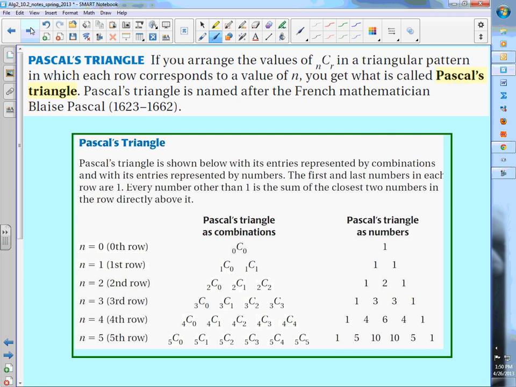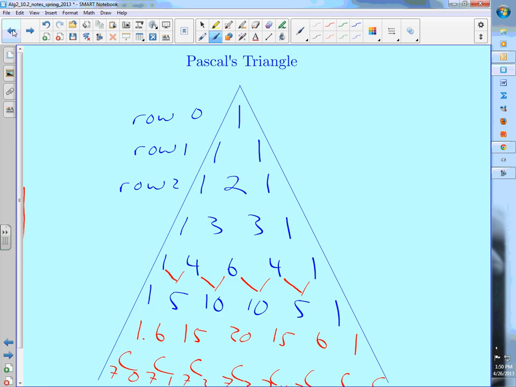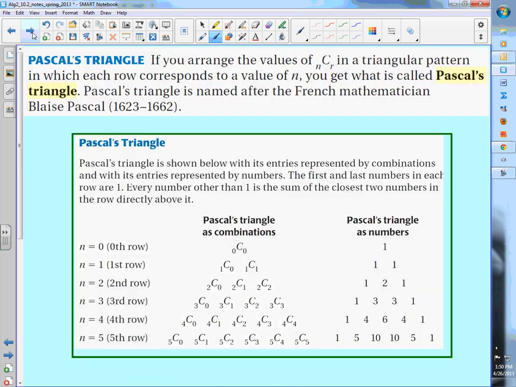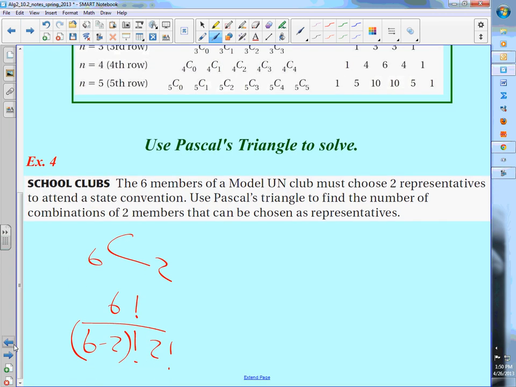For going back for the 6 and 2 combination. On the problem I did, or on the triangle? For the problem. Down here. Yeah. I know you want us to write it like that, but even if we can just put it in the calculator as 6 and then the NCR button. All I'm asking is show me this, and then do the NCR button.